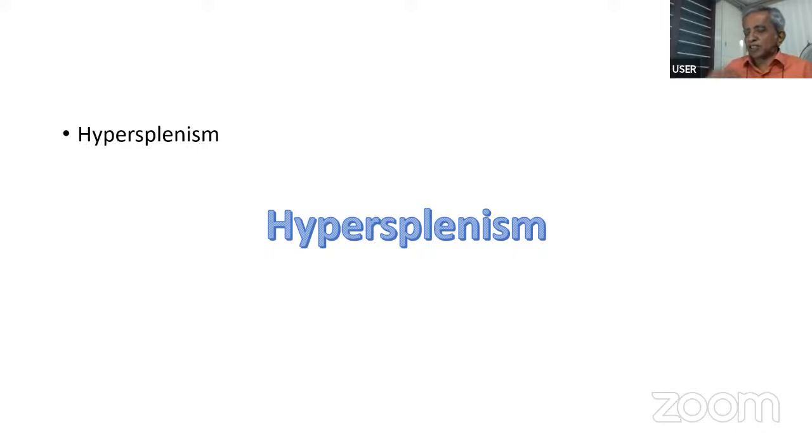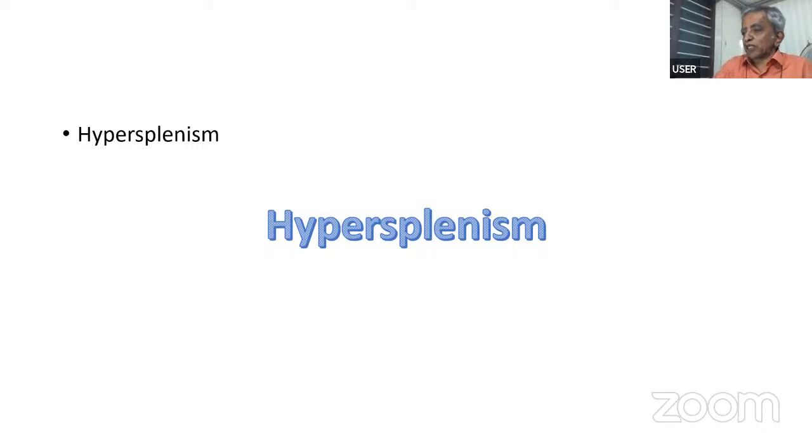That is the usual descriptive term for hypersplenism. What is it? Number one, large spleen. Number two, empty blood. That means hemoglobin is lower and the bone marrow is full. That means there is hyperplasia as a compensatory mechanism. This is the picture of hypersplenism. Anyway, the spleen is not enlarged, so that is not a question.